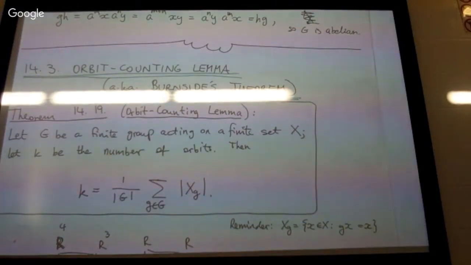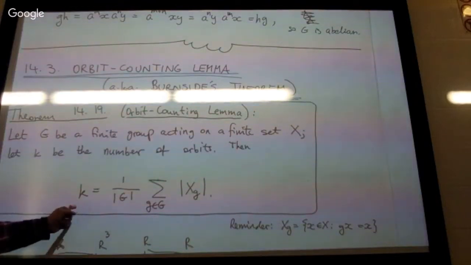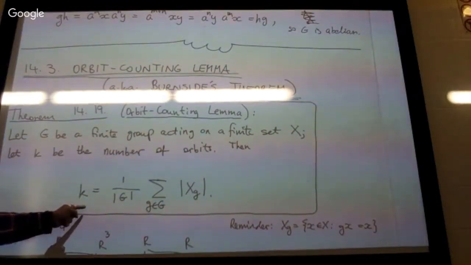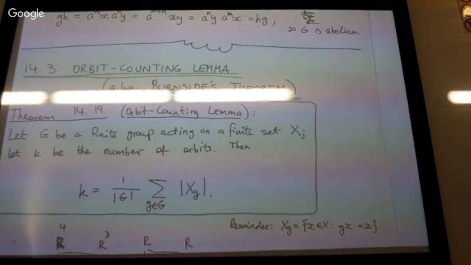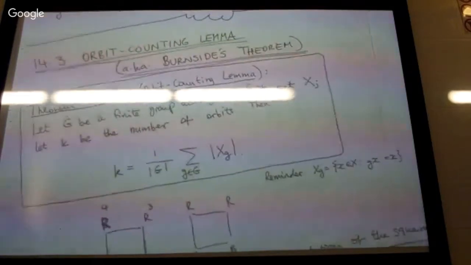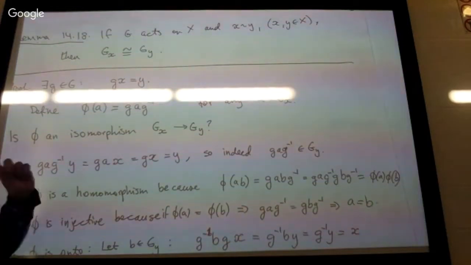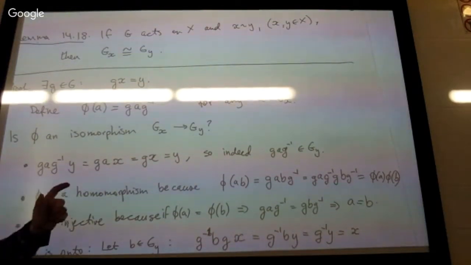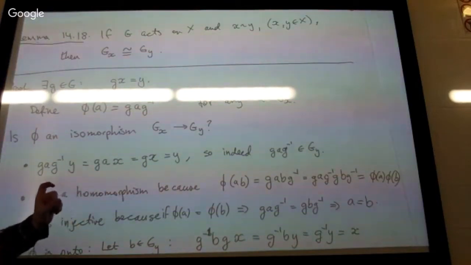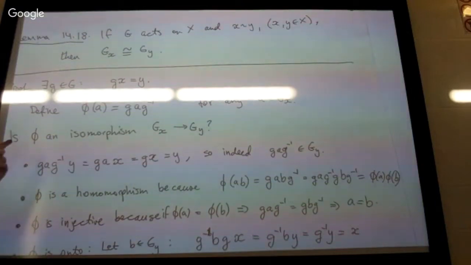Okay. We're piecing together the proof of the orbit counting lemma, which says that the number of orbits is equal to the average number of fixed points. And what we'll use is Lemma 14.18, which says that when you look at two elements of the set X that's being acted upon, which are in the same orbit, then the stabilizers are isomorphic.